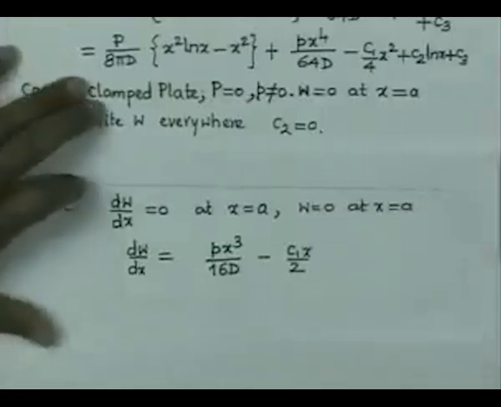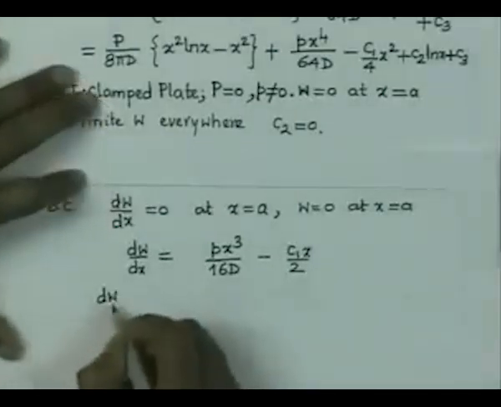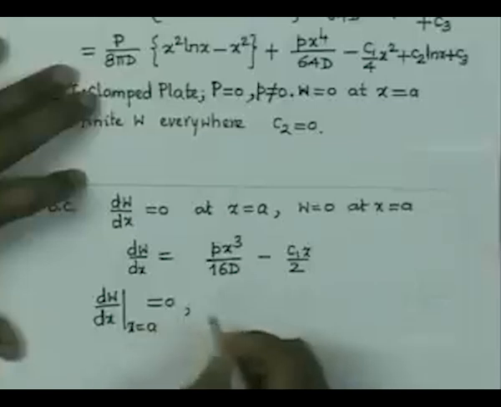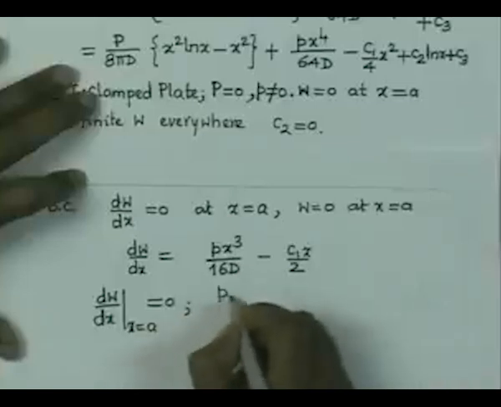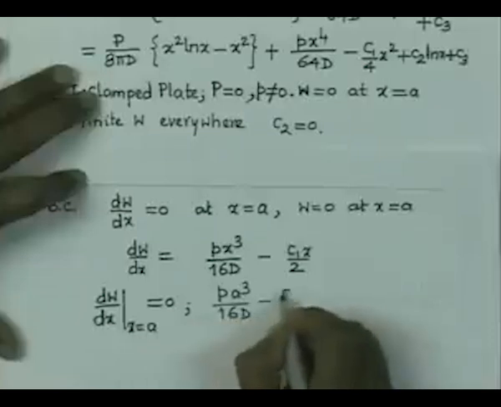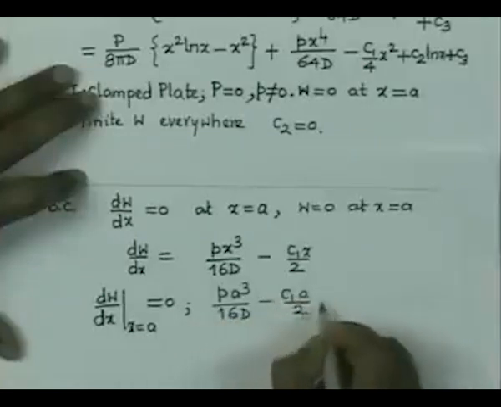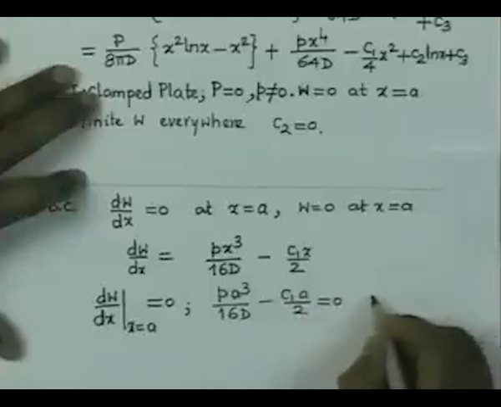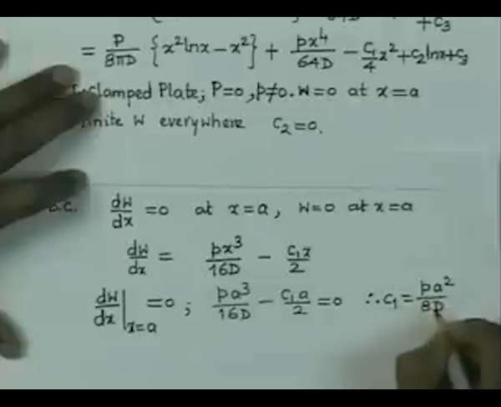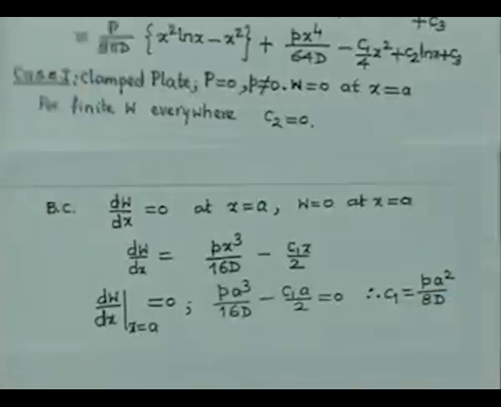Using the first boundary condition, dw/dx at x equal to a is 0, we have P a cube by 16d minus C1 a by 2 equal to 0, and therefore constant C1 is equal to P a square by 8d. So that is the first constant.